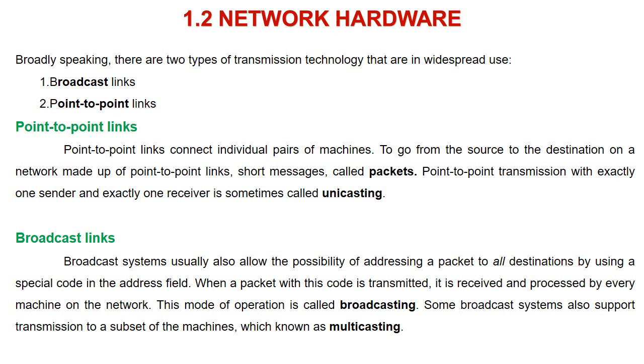When the sender is sending the data, exactly only one receiver is able to receive it, so it is sometimes called unicasting. One sender and one receiver. That is why it is called unicasting. So are you clear about point to point links?